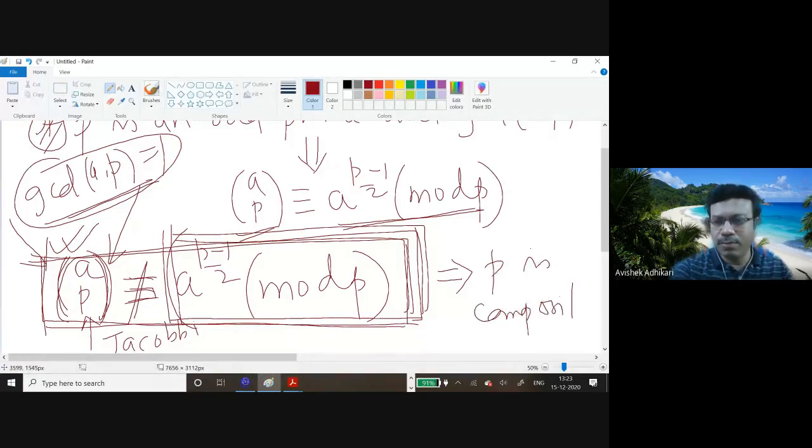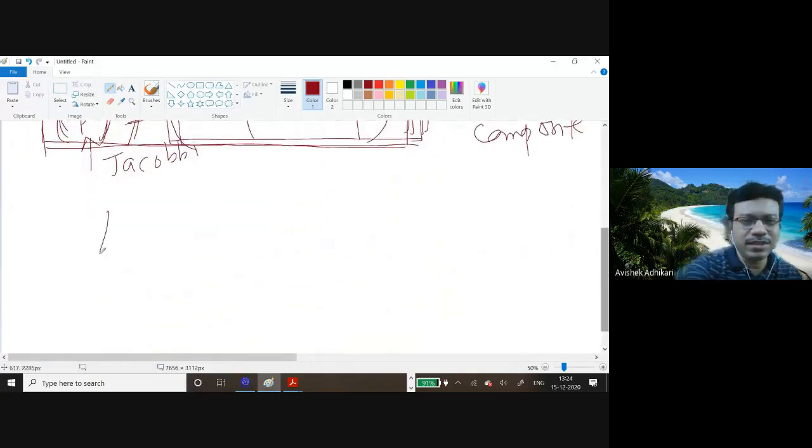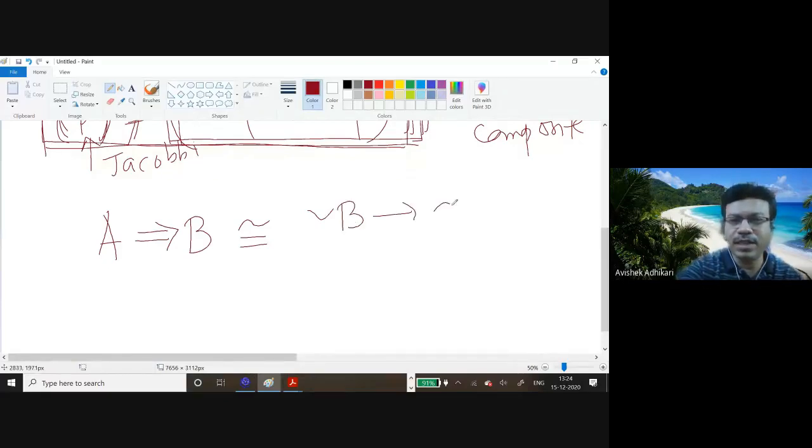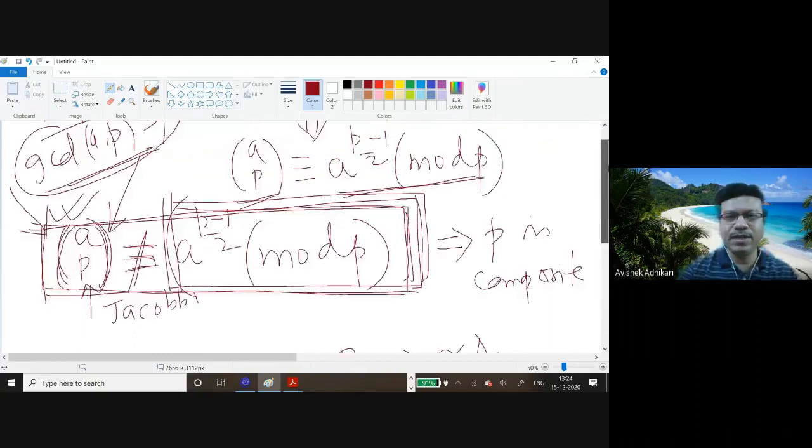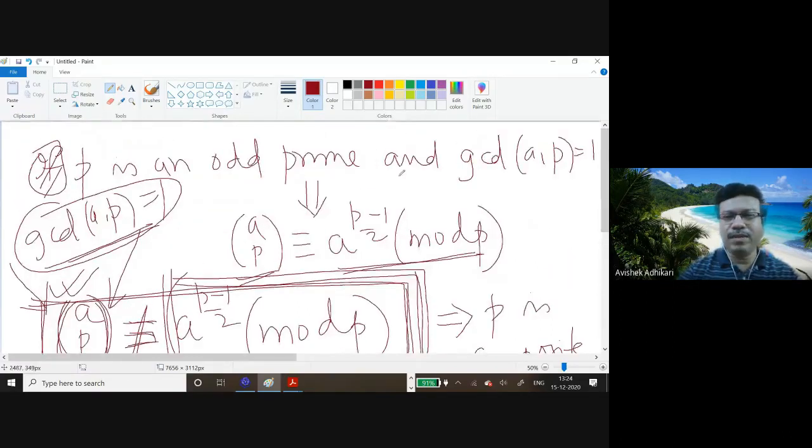Now, it may be a little difficult for you to understand this, but when I write it in a logical sense, as I already mentioned, A implies B is logically equivalent to negation B implies negation A. See, what was my statement here? P odd prime and GCD of A and P equal to 1 will imply this, right?